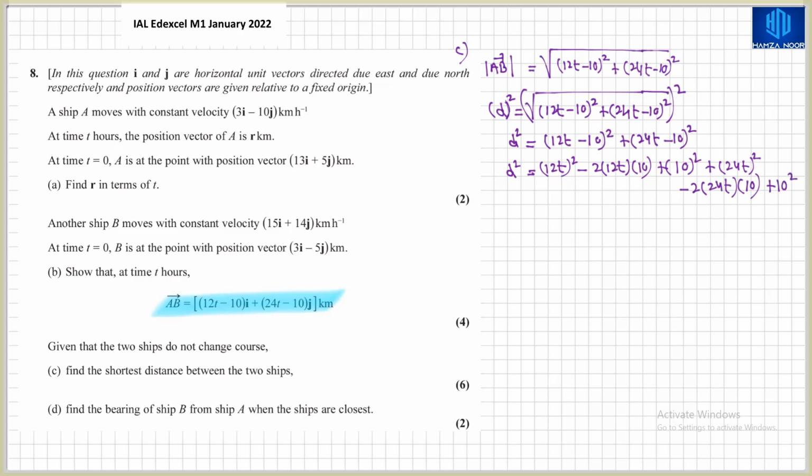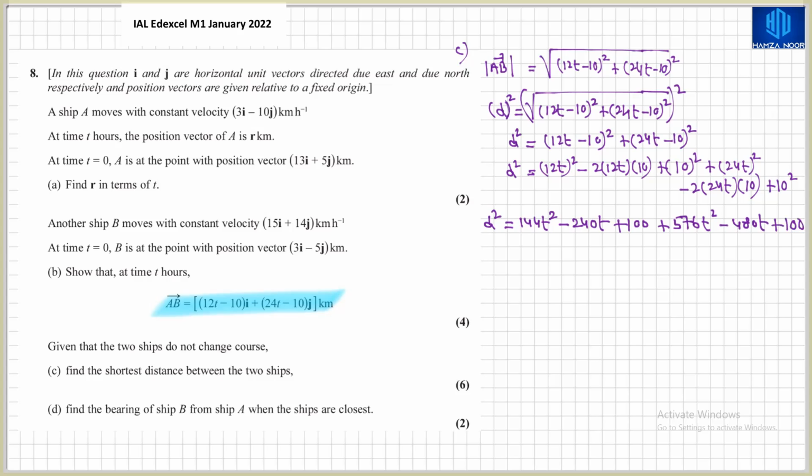Okay. So therefore, I can say that the expanded form d square is equal to 144t square minus 240t plus 100 plus 576t square minus 480t plus 100.